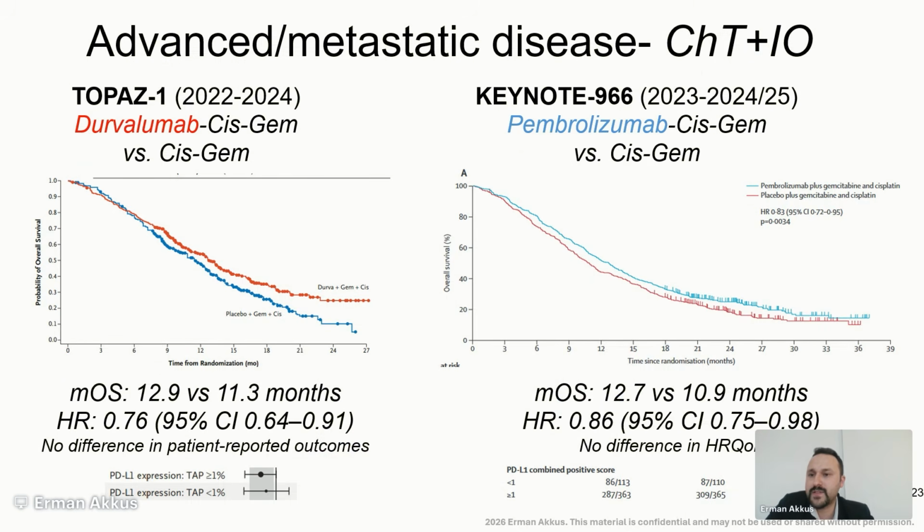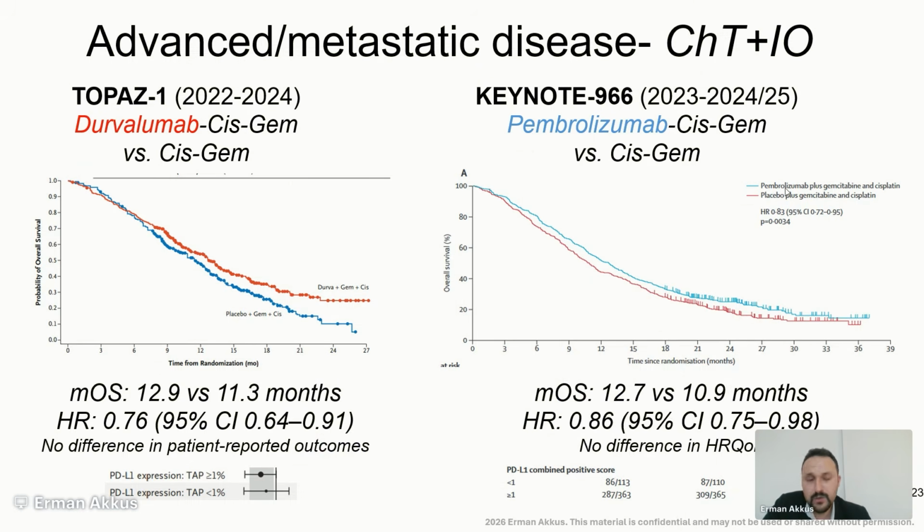First, the TOPAZ trial investigated adding durvalumab to cisplatin gemcitabine, and the KEYNOTE trial investigated adding pembrolizumab to cisplatin gemcitabine. Both trials showed significantly improved overall survival, around 13 months, and there wasn't any deterioration in quality of life in these studies.